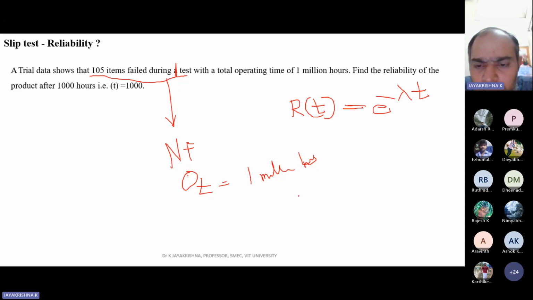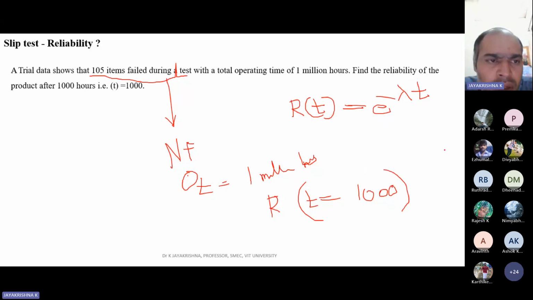So what they're asking us to do is find the reliability at time t. Reliability at time t is what? 1000. So you have to find the reliability when t equal to 1000. Do you know lambda now? Only T I know. If I know lambda, I can calculate the reliability.